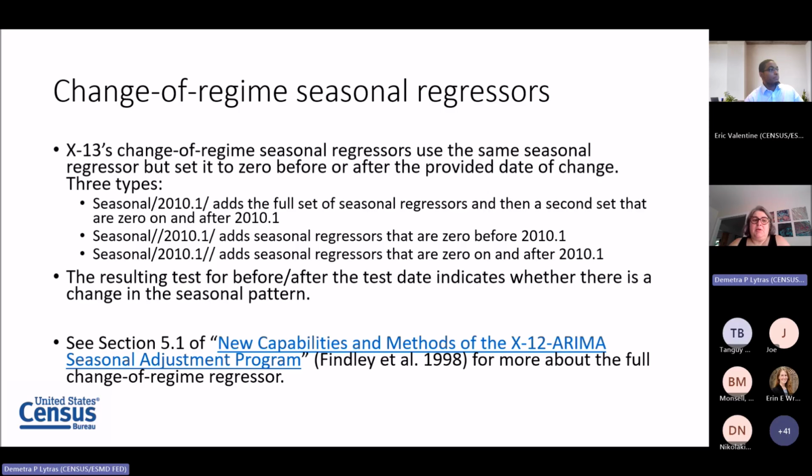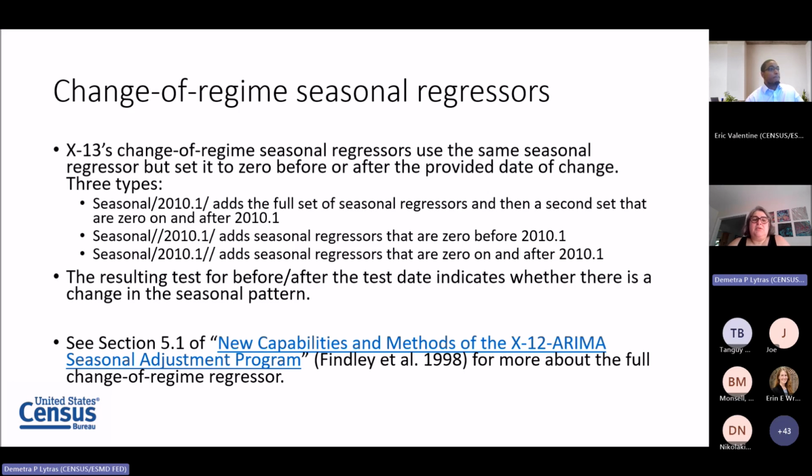The other types are what we call partial change of regime seasonal regressors. They're going to be 0 either before or after the date that you provide. Double slashes means that's where the zeros go. And then there'll be a test to indicate whether that second group, that change group, is significant, and that's what we look at to see if there's a change in the pattern.